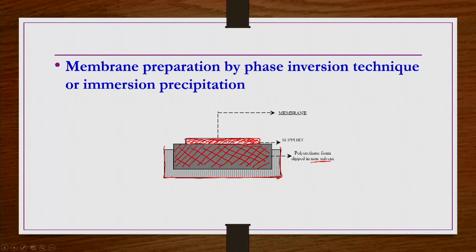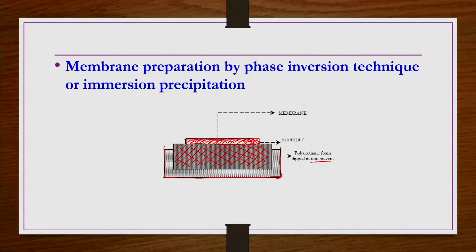Now the support is on the foam, and the pores of this macroporous support are also occupied by the non-solvent. On the support surface, you take a definite amount of the polymer solution that you prepared, 10% or 15% polymer solution.